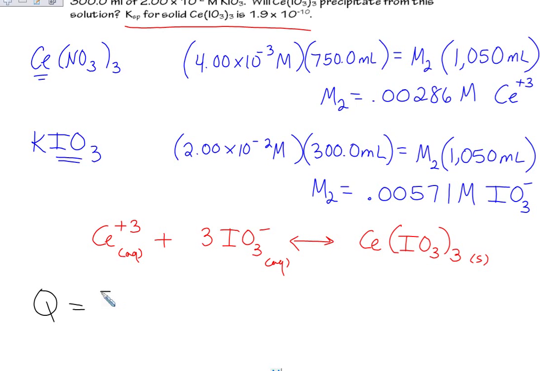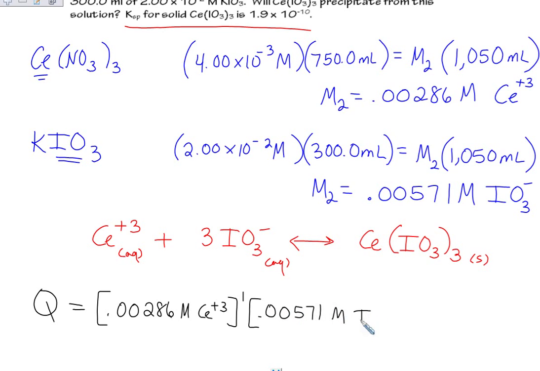So if I had the cerium, I want to use like that new cerium molarity, 0.00286 molar cerium ions. That's going to the first, times the iodate, which originally it's 0.00571 molar IO3. And I'm going to raise that to the third power.